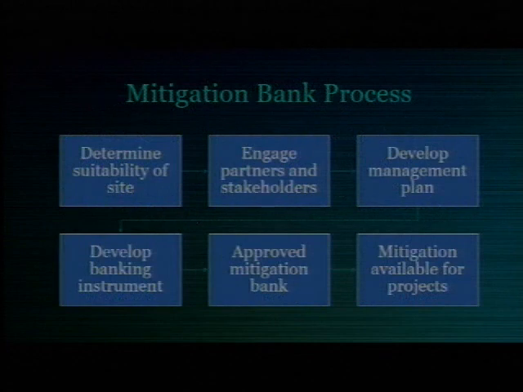This describes the mitigation bank process, which would determine the suitability of the site once you have a piece of land that you think you want to have. And that's about as far as we got with the Atoca Reservation. But moving forward, you would engage partners and stakeholders, develop your management plan, develop your banking instrument, get your mitigation bank approved by the U.S. Fish and Wildlife, and then you'll have everything available for whatever projects you may need.